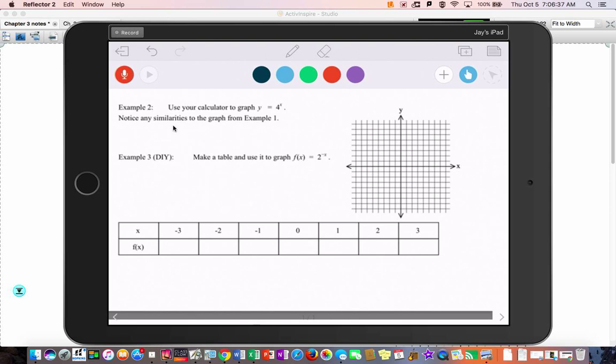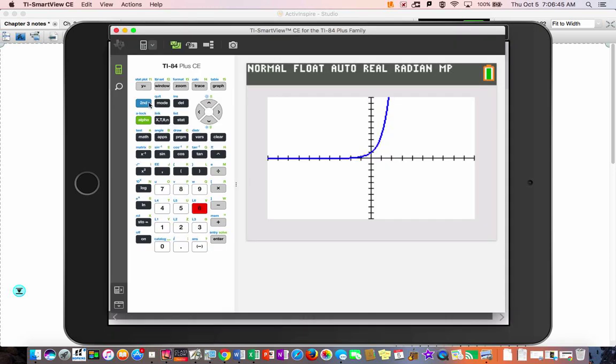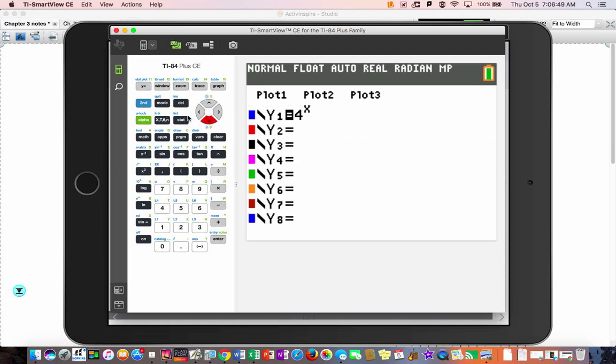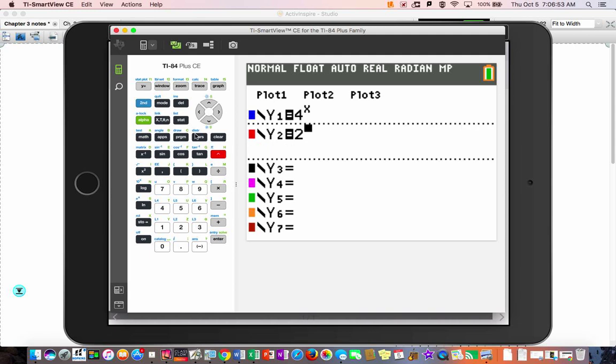So they ask us, do you notice any similarities of the graph? Now if I go back to the calculator and I go to y equals, and let's put in our other graph, 2 raised to the x. So the bases, it looks exactly the same.